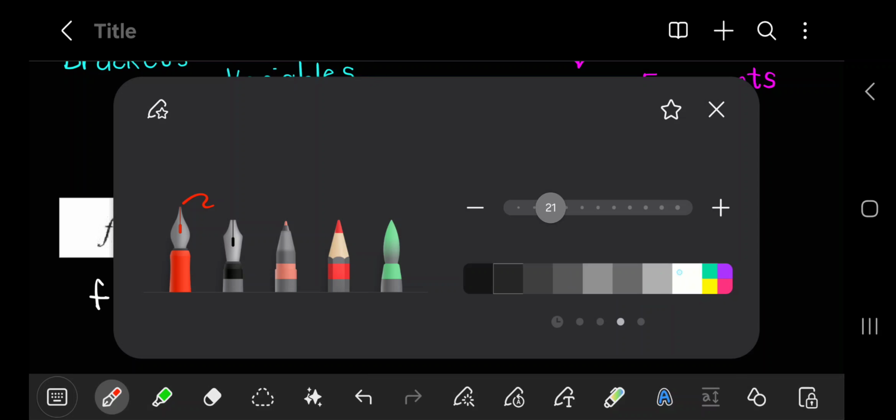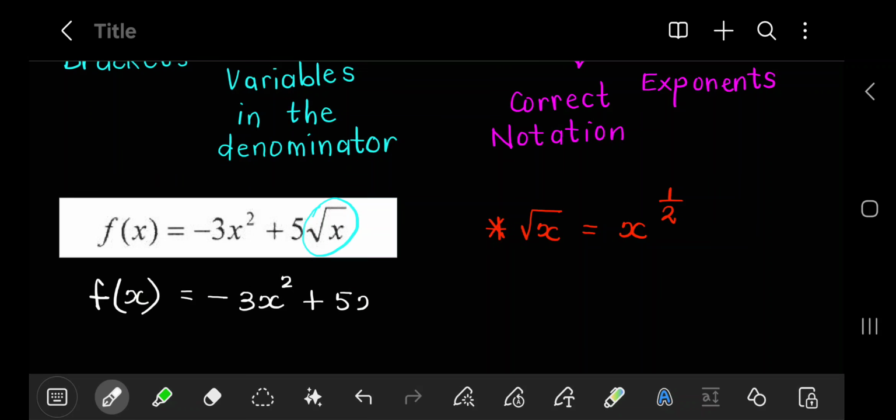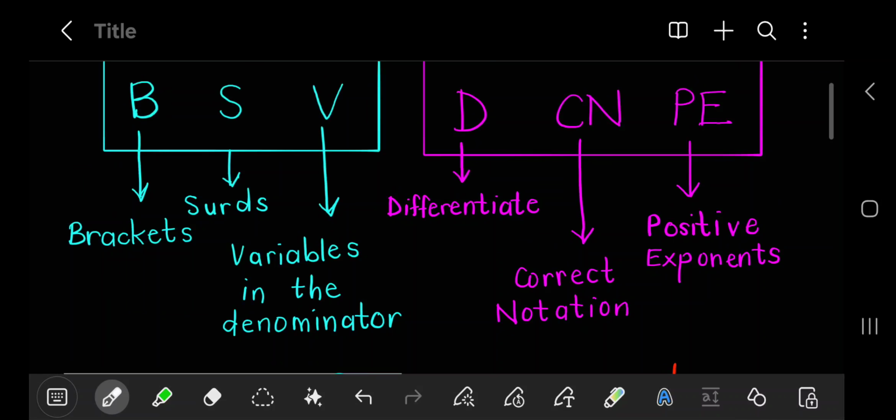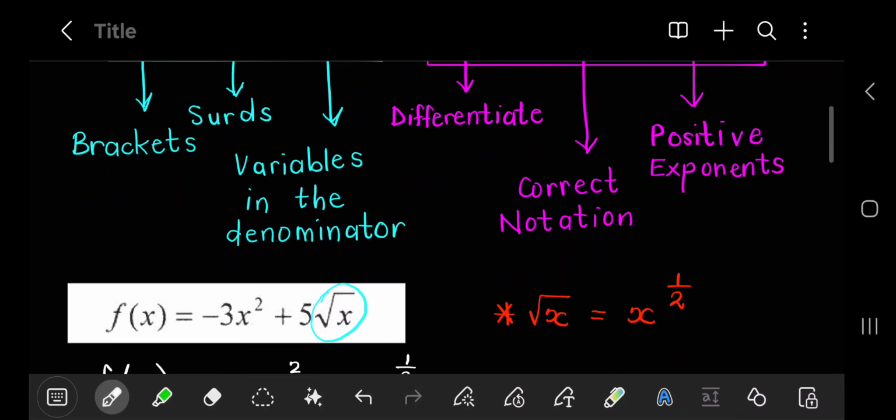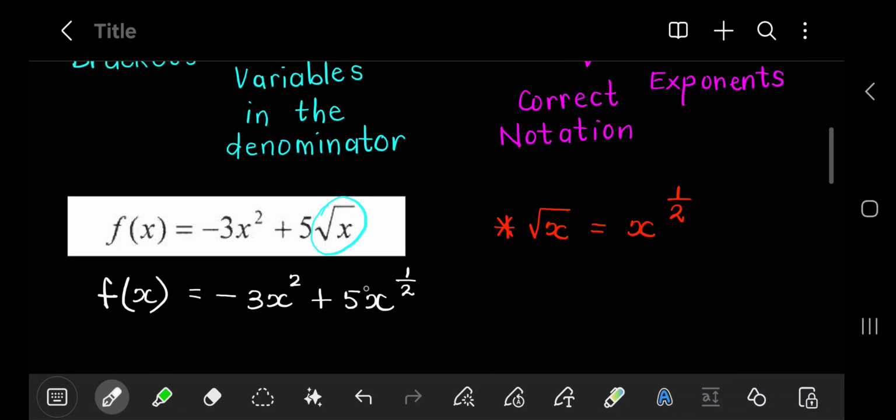So this becomes 5x to the power a half. Okay, so we are done with the second step. And then we check for variables in the denominator. Looking at the equation that we have, we do not have any variables in the denominator, so we are good to go on to the next step.